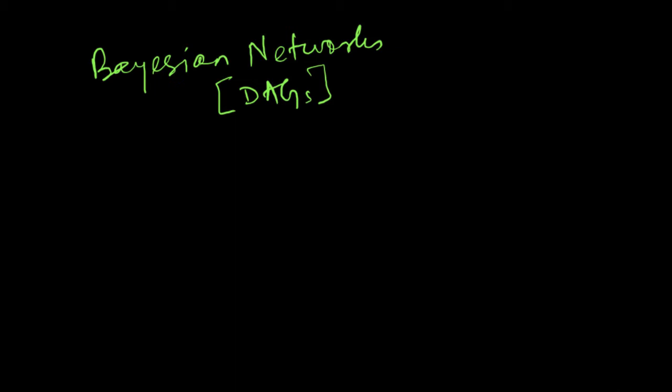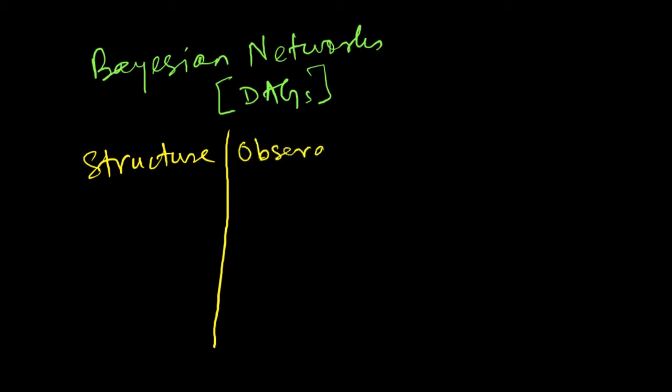So now in your Bayesian network, you require two things. One is the structure of the network, and the second thing that you require are the probability values of the various possibilities, and estimating that requires observability of your data.